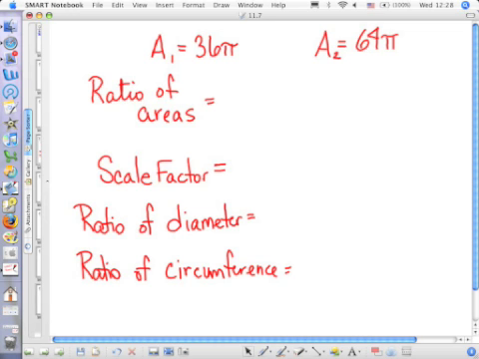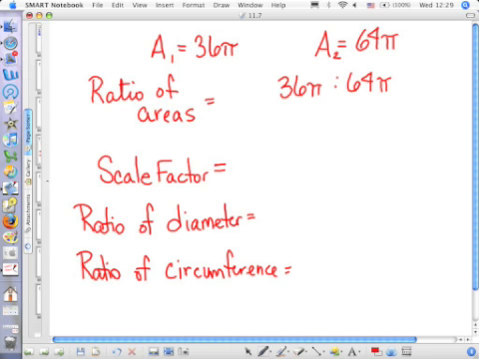So, what I've got to do is start with their area ratios and figure out what the scale factor is by taking the square root. But remember that ratios are expressed in lowest terms. So if I simply stick 36 pi next to 64 pi, is that lowest terms? No. What can 36 and 64 both be divided by? 4. 36 and 64 can both be divided by 4.